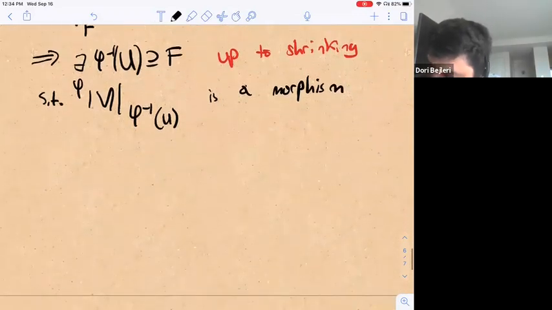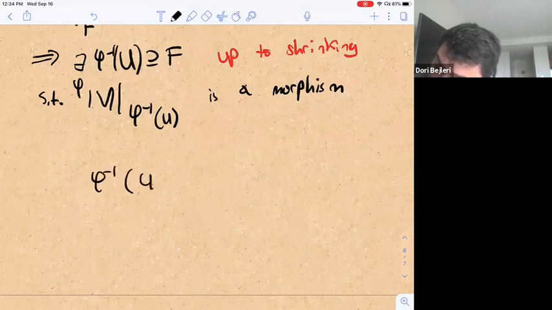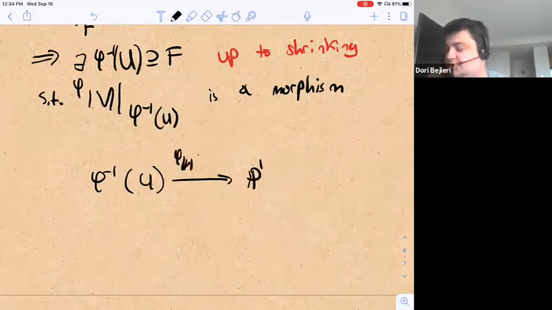And so now we look at that. So we have phi inverse of U with a map to P1 given by this linear series restricted.